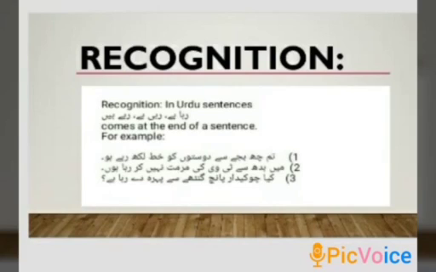So all 3 examples are in front of you: affirmative, negative and interrogative. And what will come at the end of the sentence? रहा है, रही है, रहे हैं. But don't get confused in the recognition of present perfect continuous tense and present continuous tense. For both the tenses, ending words are the same.